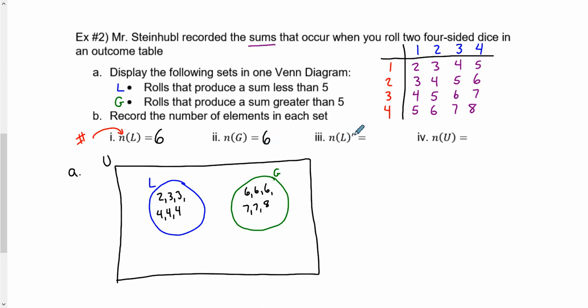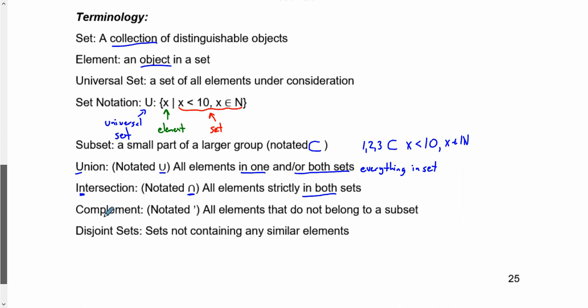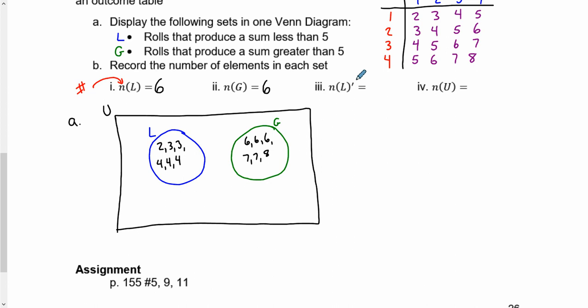Number in L complement. Okay, let's go back to that first page, just see what that means. Complement, notated with that apostrophe. It's all elements that do not belong to a subset. So in this question, this says, how many are not in L? Okay, so we can quickly count up and say 6, right? No, that is actually wrong.